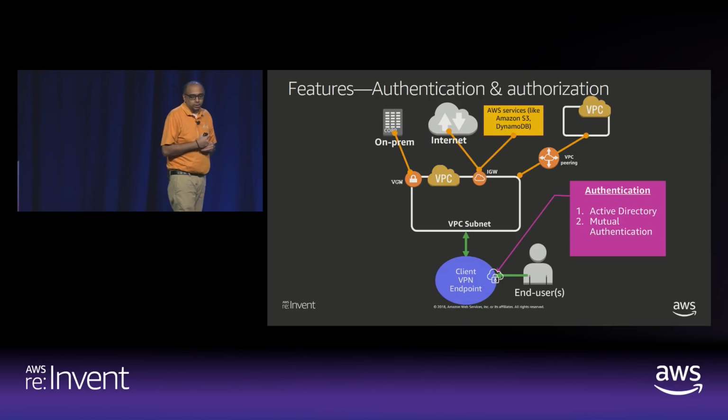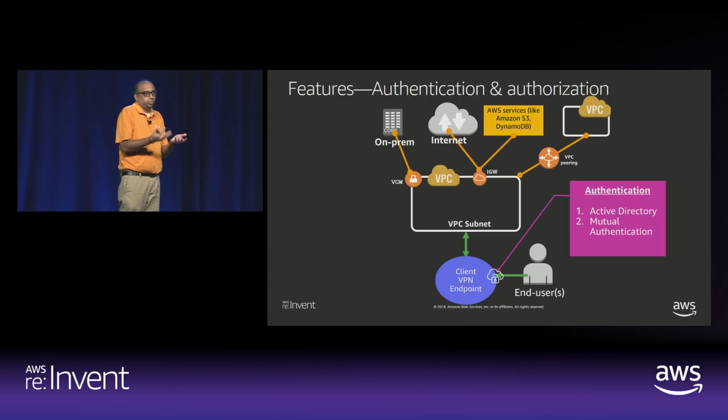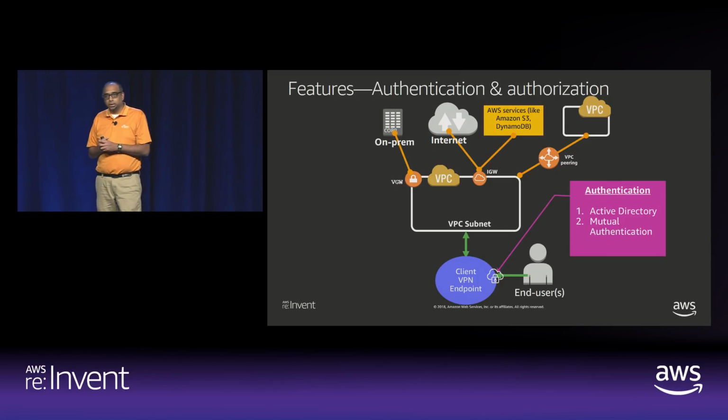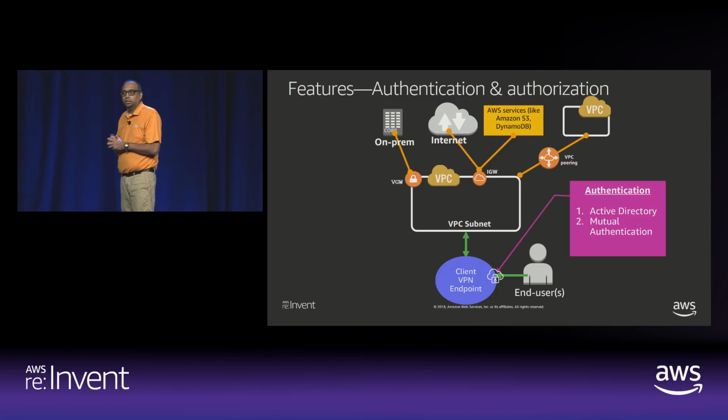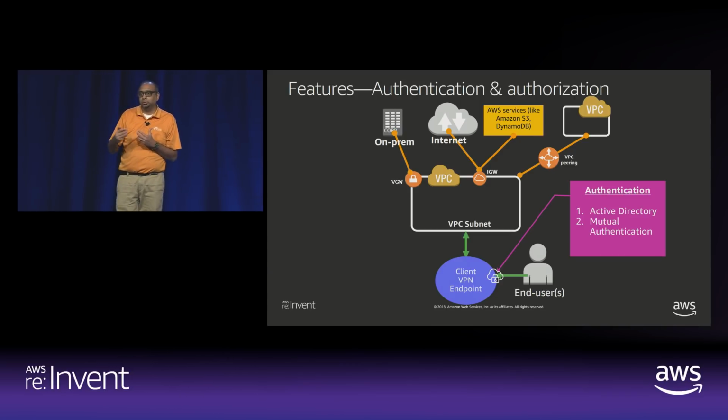Another question that comes up is, do you support multi-factor authentication, MFA? The way we support MFA is through Active Directory. If Active Directory has support for MFA, then you automatically get support for MFA. The second type of authentication we support is mutual authentication, or client certificate. If you don't want to use Active Directory but you want to authenticate your users, you can use certificate-based authentication.